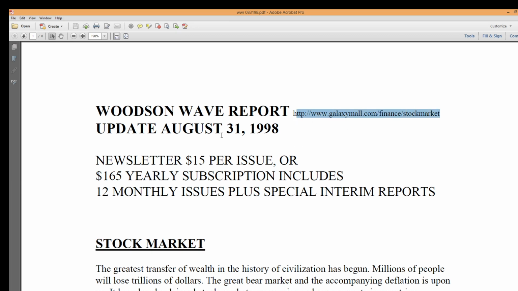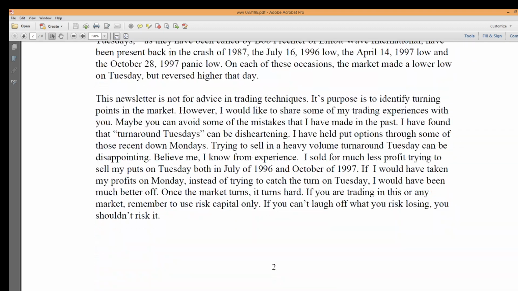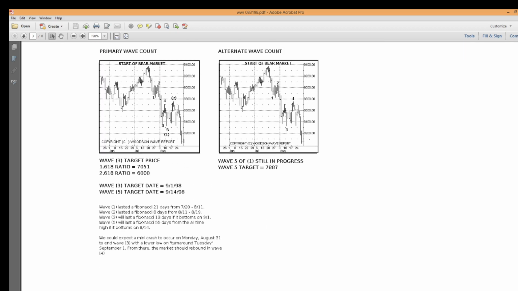We had that there, and that company's been long gone. This is from August of 1998, and we'll just scroll to the bottom and get to the meat of it. Here's our wave counts, and here's where we started counting with a Fibonacci time sequence. We had wave 1, Fibonacci 21 days, wave 2 was 5 days, and wave 3 will last in the future if it bottoms, 13 days if it bottoms on 9-1.